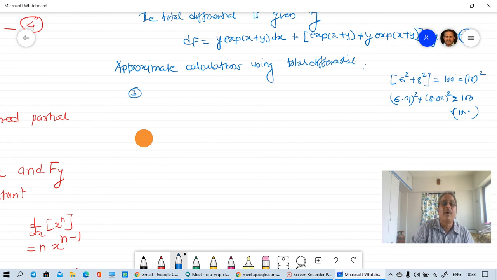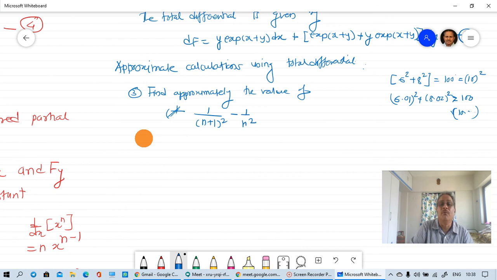Find approximately the value of 1 upon n plus 1 square minus 1 upon n square when n is equal to a very large number, 10 raised to 15.